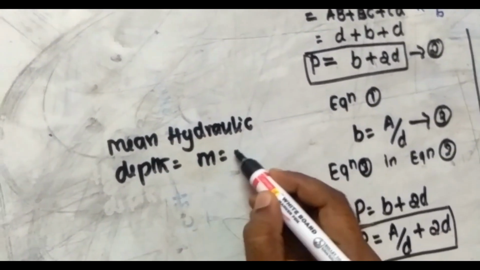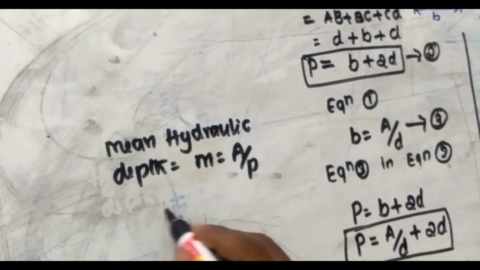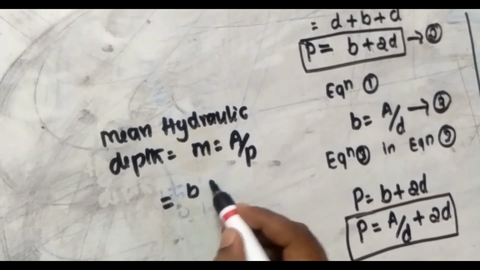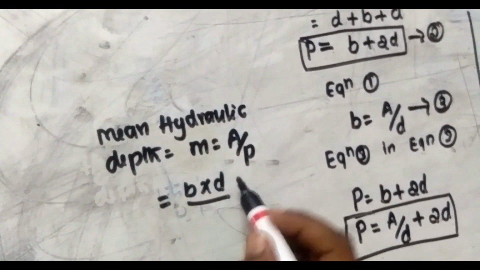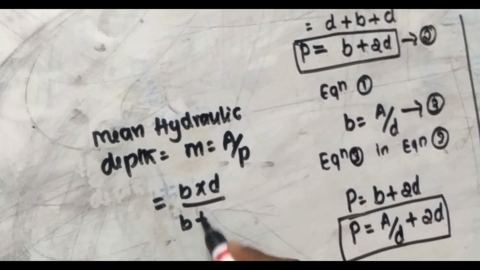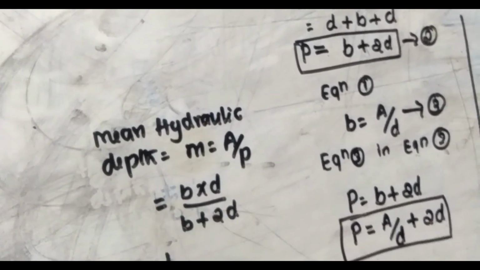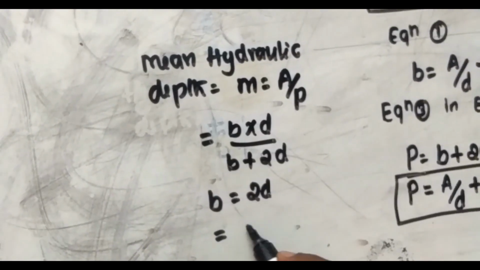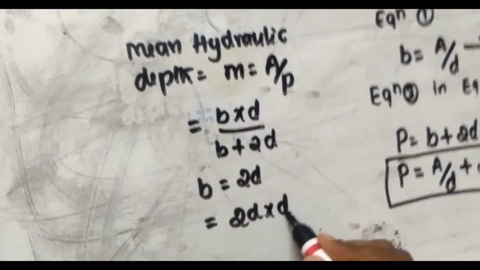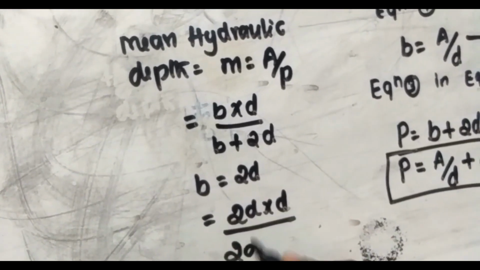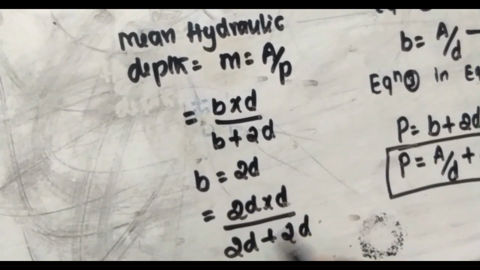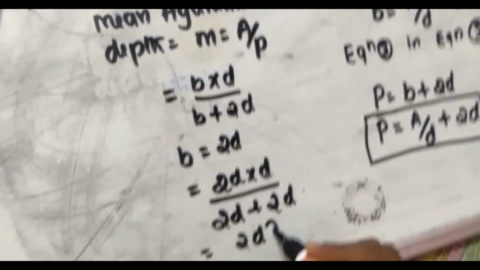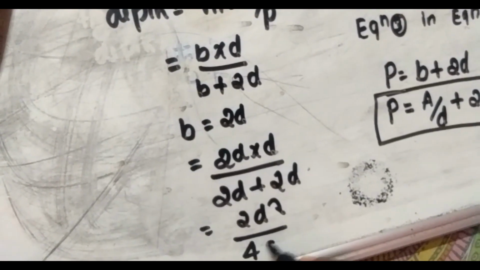M is equal to A by P. A we know is B into D, and the perimeter is B plus 2D. Substituting B is equal to 2D, we get 2D into D divided by 2D plus 2D, so 2D square divided by 4D.